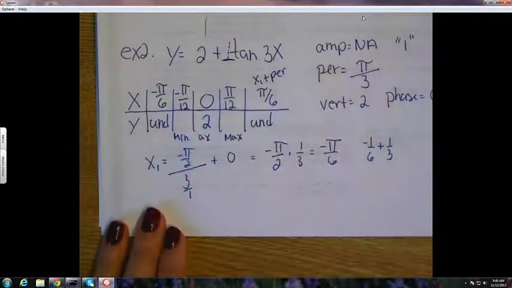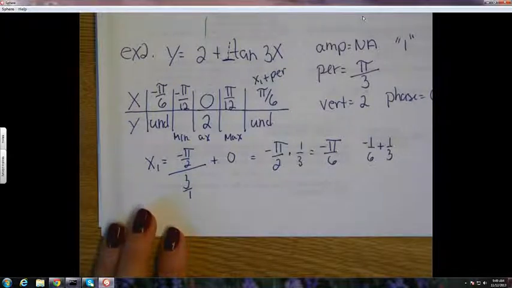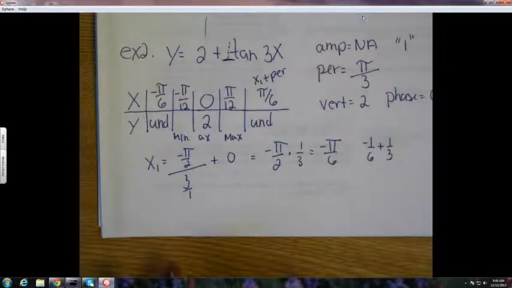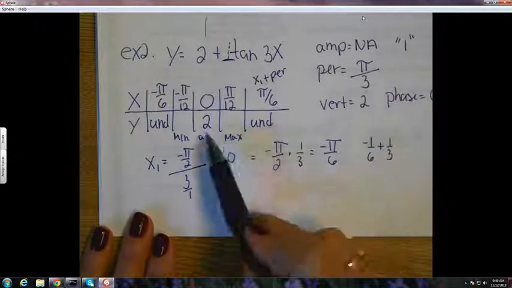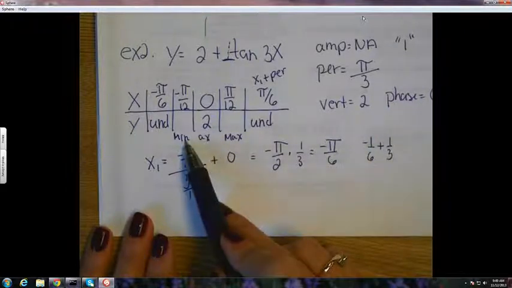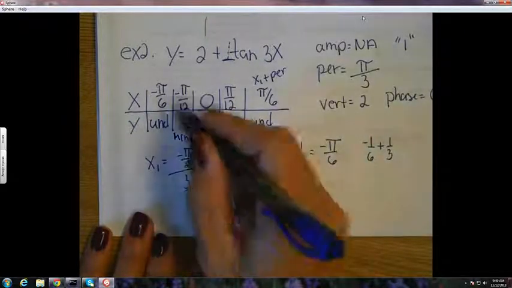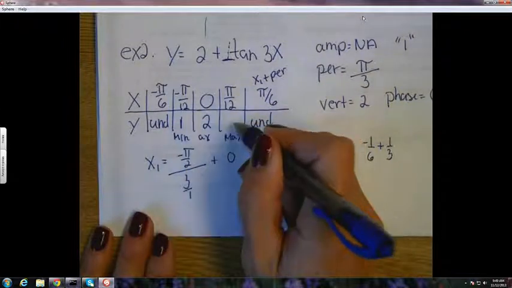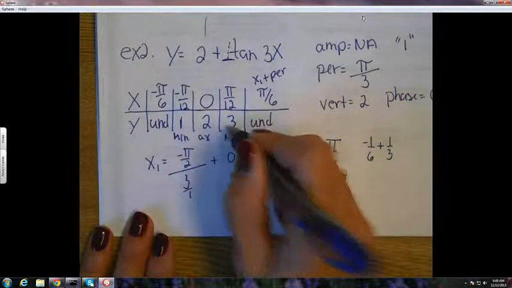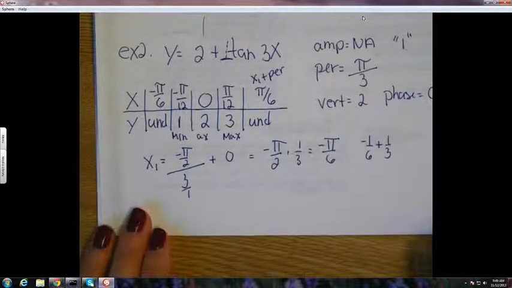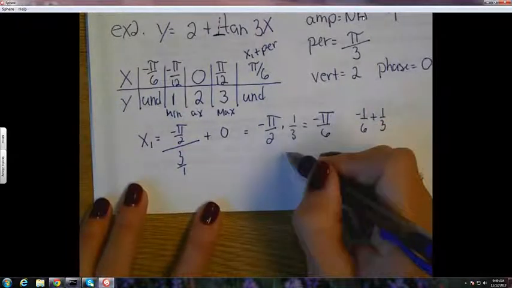How far above and below the axis am I going to go because of the amplitude number? 1. So if I'm at 2 and I'm going to a min, where's it going to be at? 1. And the max will be at 3. I'm going to squeeze this graph in down here.